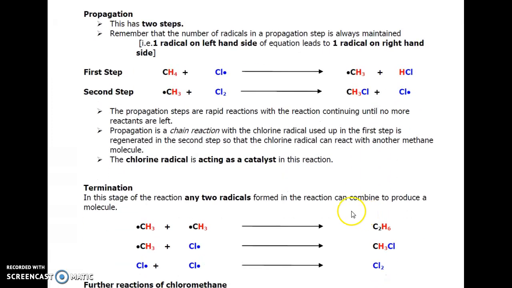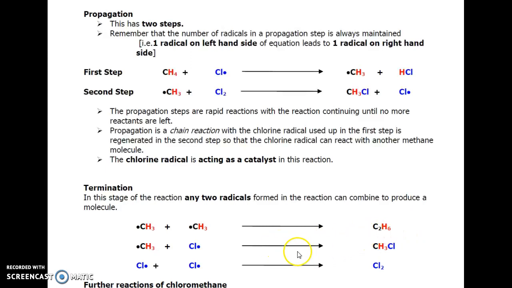The termination steps. Now, termination steps involve any two radicals combining together to form a molecule. So here's one option: two methyl radicals combining to make ethane. In the exam, just write it as CH3CH3.